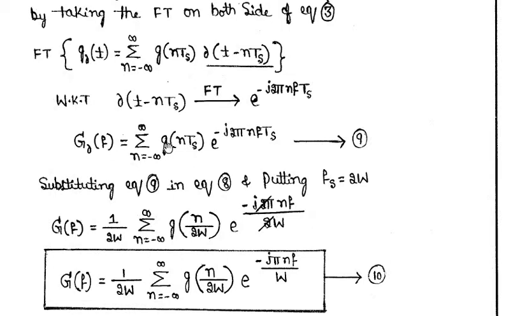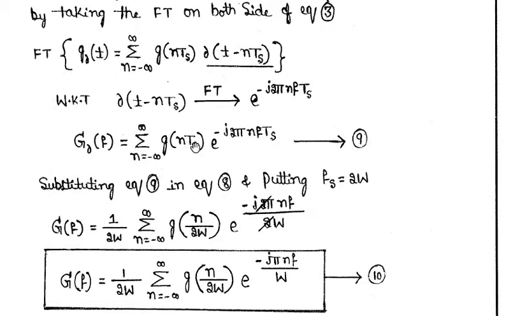Next we will substitute this in the G of f expression. So G of f is given by 1 by fs, and fs is 2 times W, summation n equals minus infinity to plus infinity. Substitute this over here.